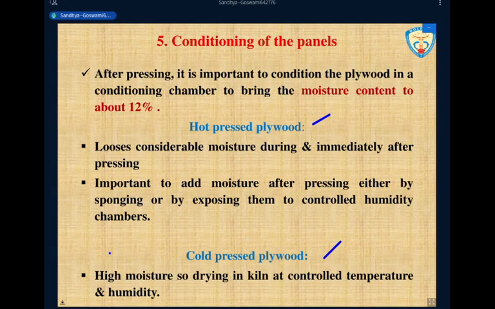When considerable moisture loss is there, it is very important that immediately after pressing it should be put for conditioning, right? In the conditioning chamber, we should put it immediately, and expose it to controlled humidity so that its moisture content can reach at least 12%, right?